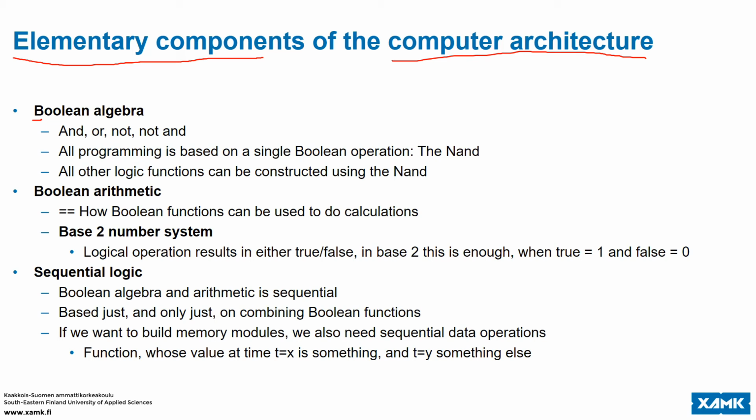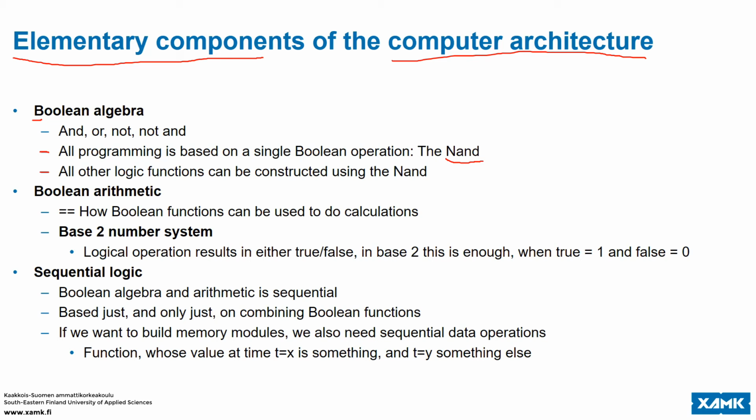It turns out all of the CPU's functionality is actually based on one single Boolean circuit. It's the NOT AND operation, or NAND circuit, which can be used to implement all other logic functions.